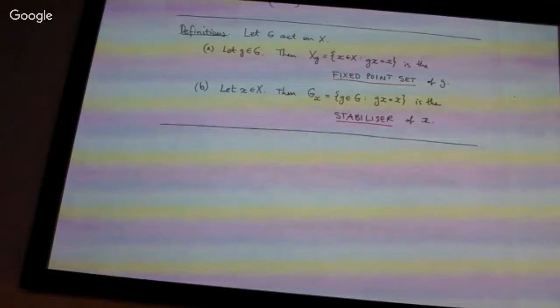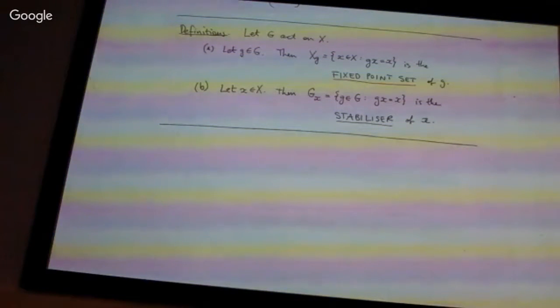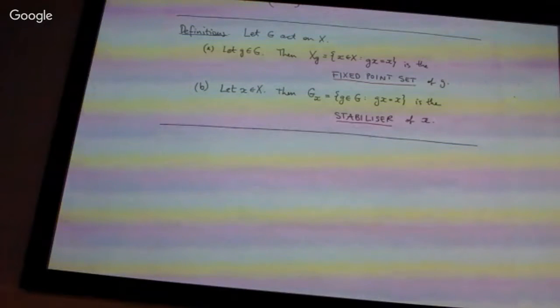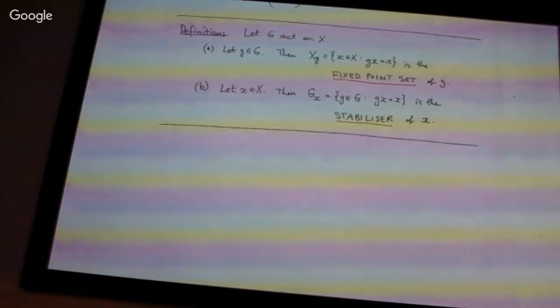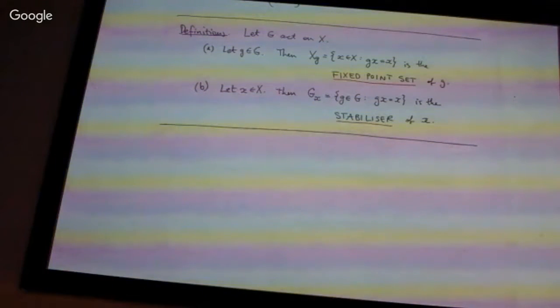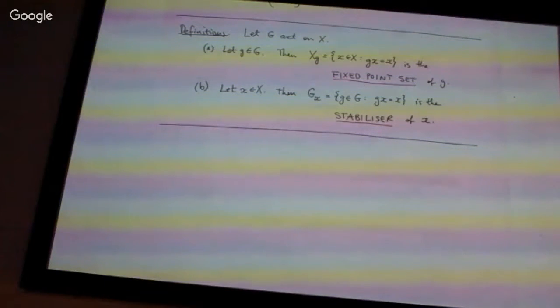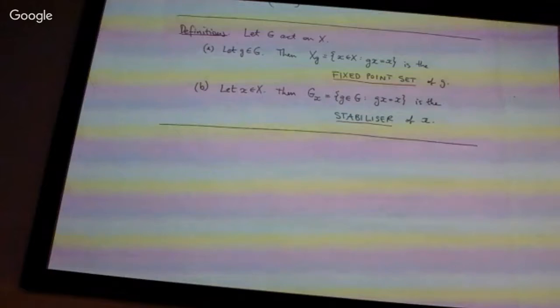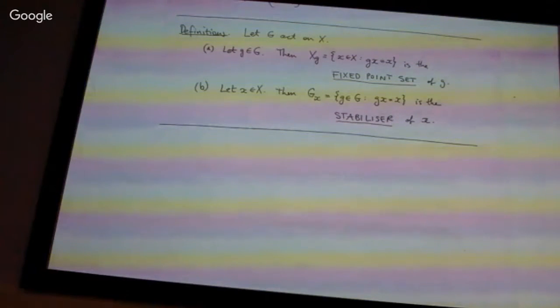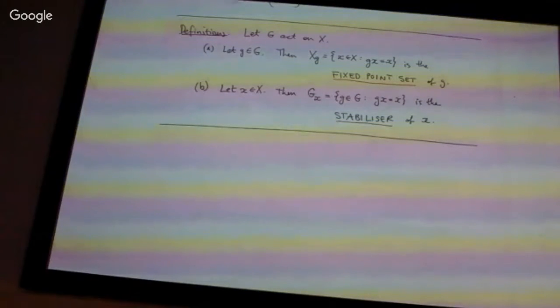That's the fixed point set of that particular g seen as a permutation of X. And the other one is I look at one point of set X, and then I look at all the group elements that leave it fixed. G sub x is a subset of G, and X sub g is a subset of X.